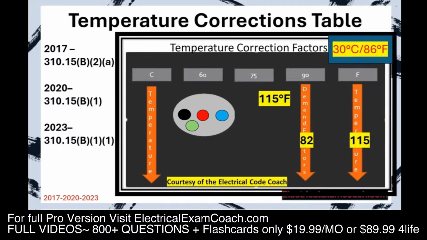And all it is, is another demand factor. Let's imagine that we had a wire that was 50 amps before we started. We found out that it was installed in an ambient temperature of 115 degrees, and we found out that our correction factor was 0.82. All we would have to do is take our starting ampacity, multiply it by 0.82, and we would end up with a new allowable ampacity of 41 amps. Great job.